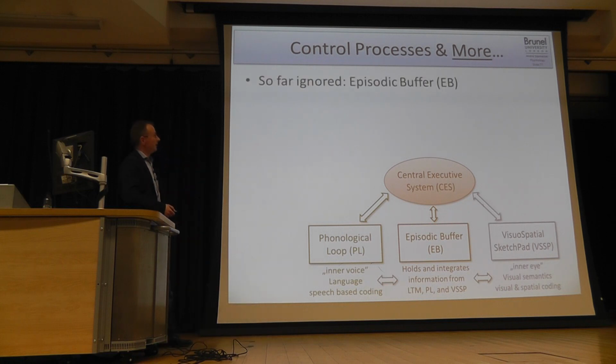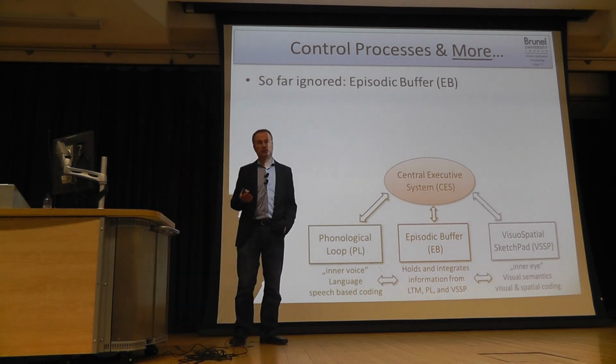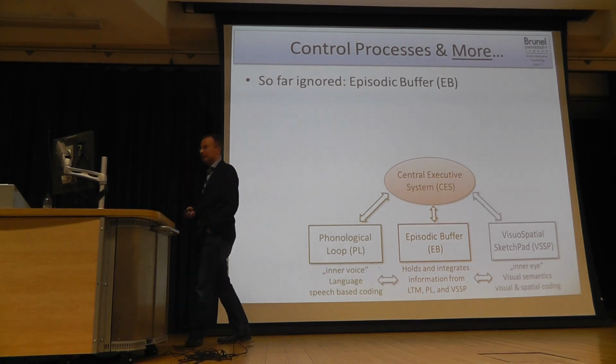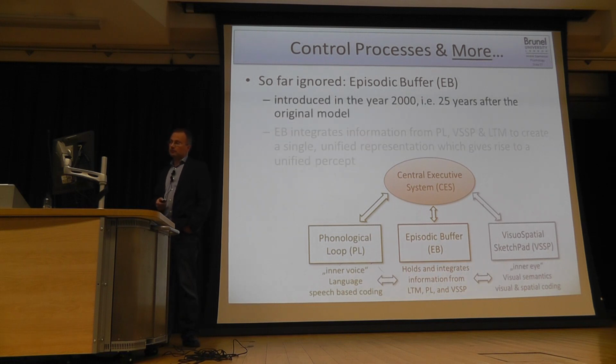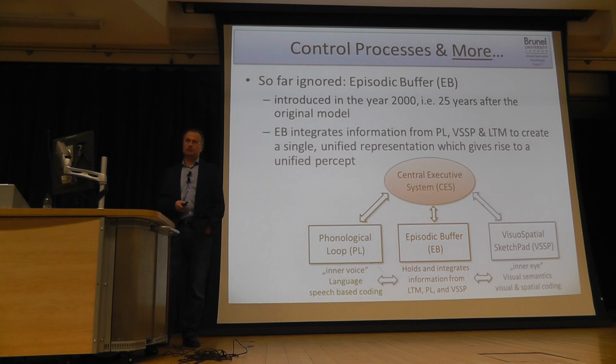Then we have seen this episodic buffer, and as I said, that was introduced only pretty recently by Baddeley in the year 2000. And this really is one thing, because the original model had a bit of a problem of how information which is represented visual spatially and information which is represented phonologically, how is that linked?